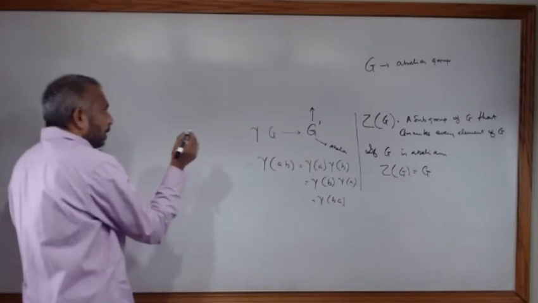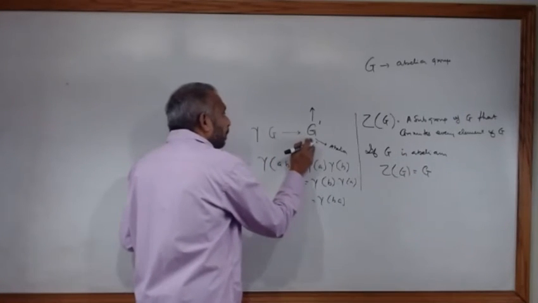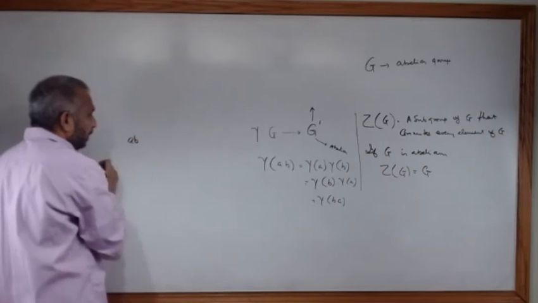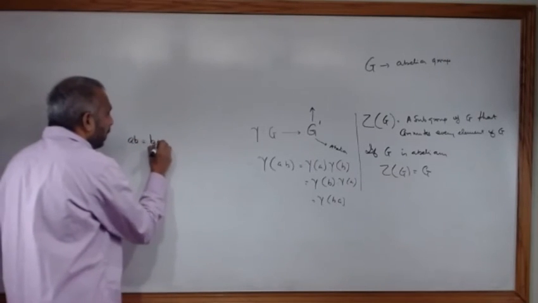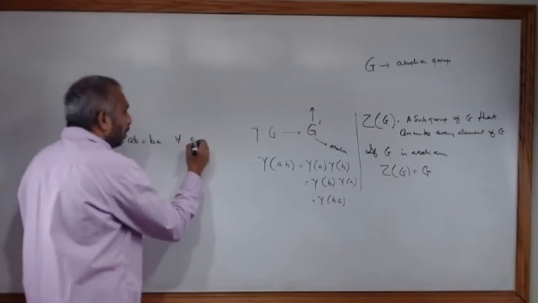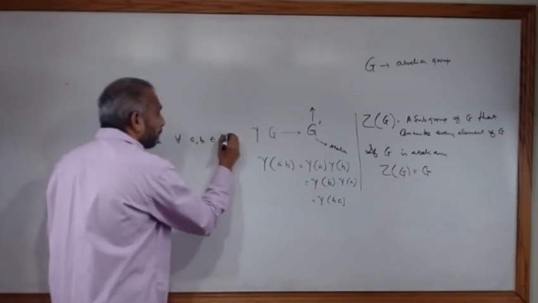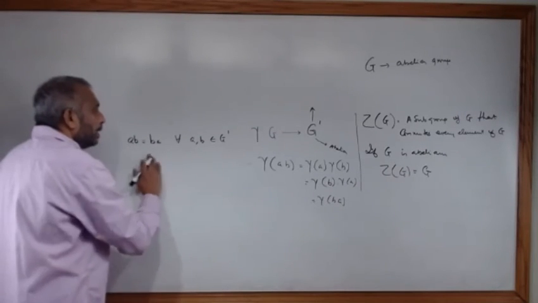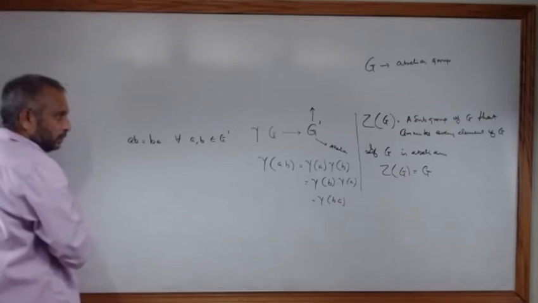What is the condition there? AB equals BA for all A, B in G prime. This is how the abelian group works.